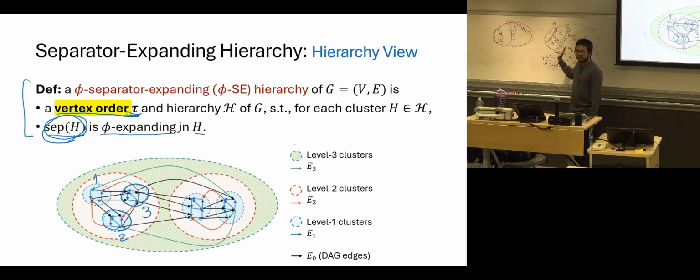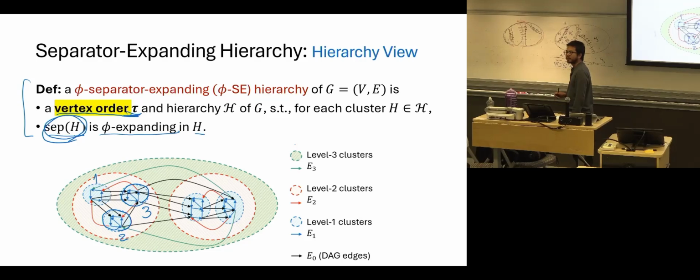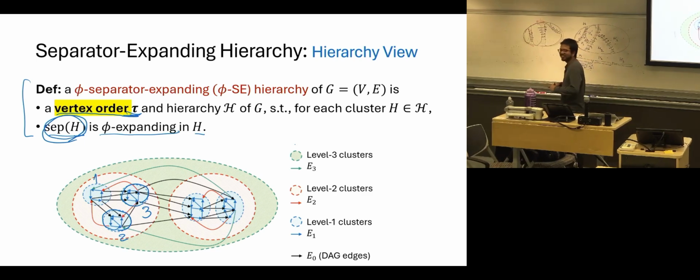Is this clear? Yeah. So tau should end up being a topological order on the resulting DAG after we remove all of the non-DAG edges, or, yeah, once you remove all the color edges, you get some DAG. Tau is going to be the topological order of that DAG.